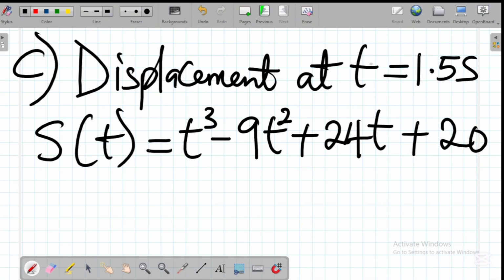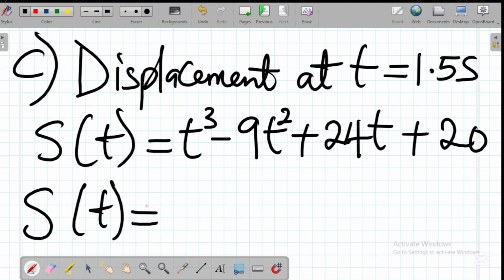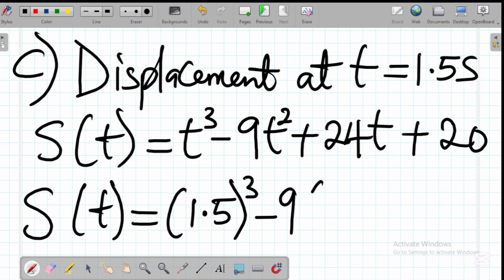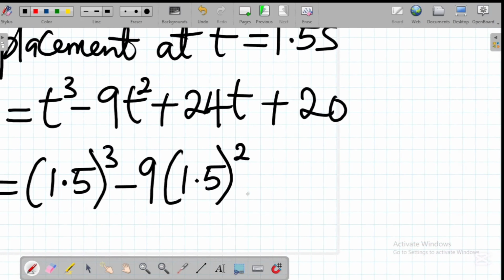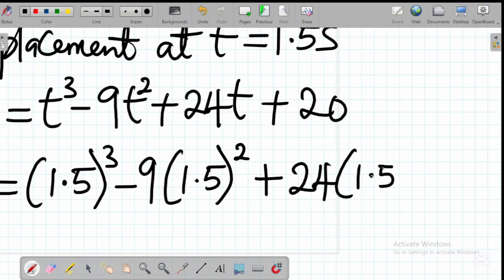Now we have been given the value of t, which is 1.5 seconds. Our major task here is to substitute the value of t into this equation. So substituting, we have 1.5 raised to power 3 minus 9 multiplied by 1.5 raised to power 2 plus 24 multiplied by 1.5 and then plus 20.